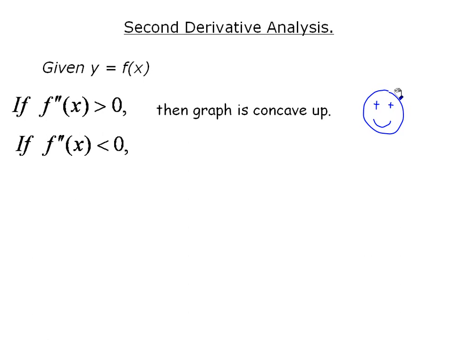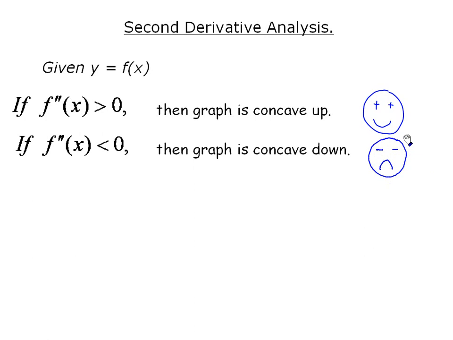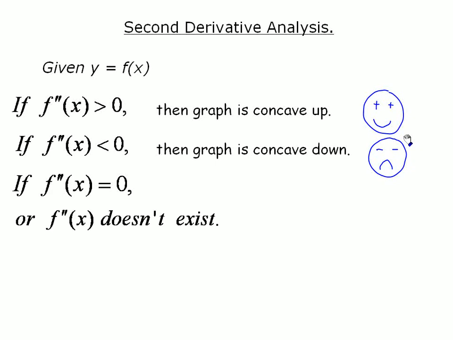Just like if the second derivative is negative, below 0, the graph is concave down. So we get the sad look. But the mouth will show the behavior of the graph in terms of concavity. Now, if the second derivative is equal to 0, or if the second derivative doesn't exist, then x is a point of inflection.